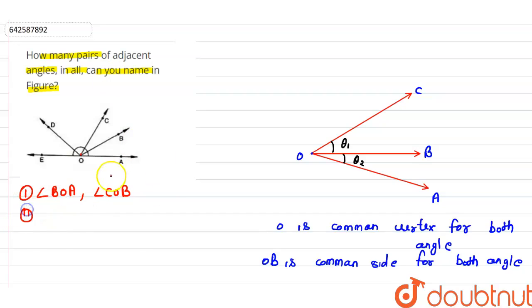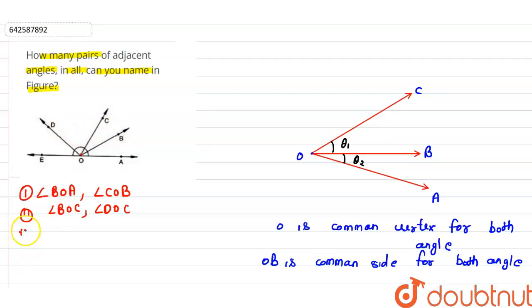If we check another pair, angle BOC and angle DOC are also adjacent angles because O is the vertex and OC is a common side in both angles.